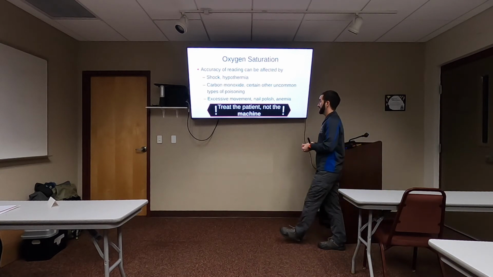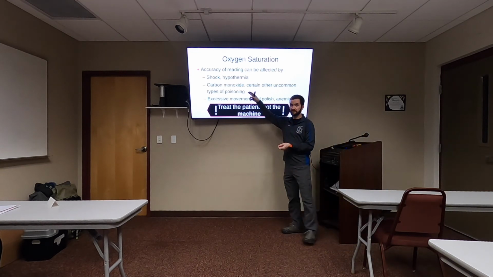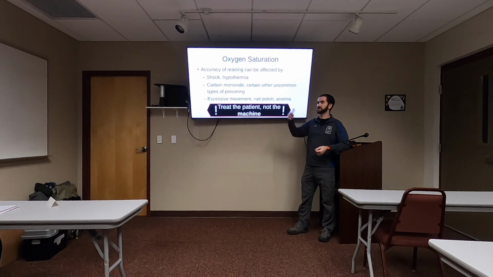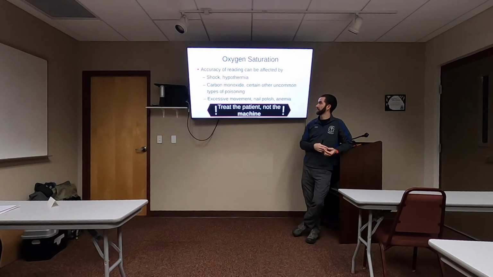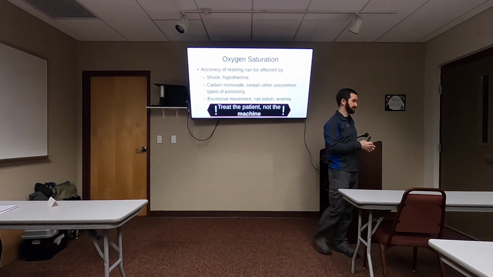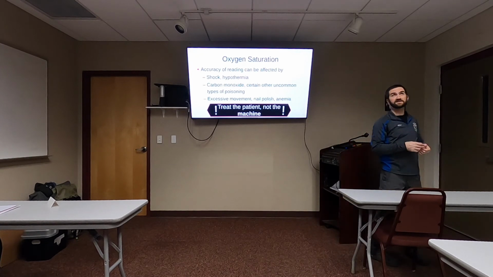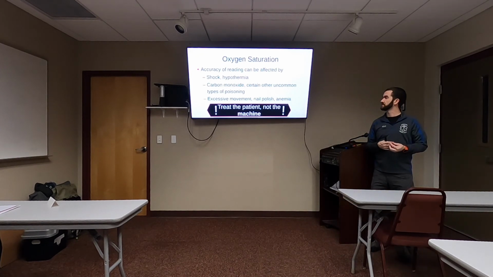Carbon monoxide binds to those hemoglobins and looks just like oxygen to most sensors. So you can't trust your cheap little finger sensors for patients that have been exposed to smoke or any kind of CO issue.